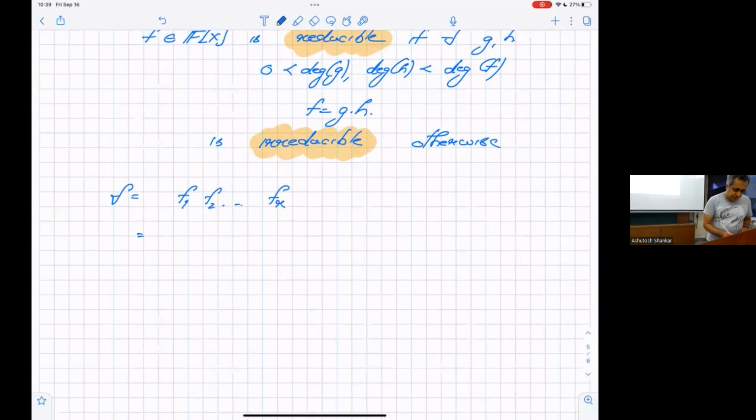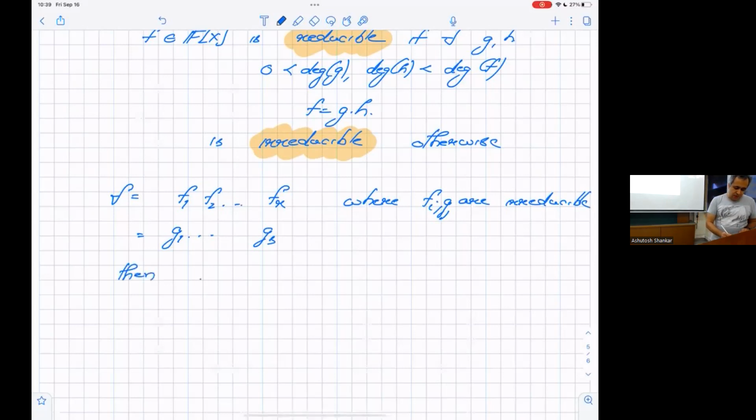Suppose we manage to get g1, g2, ..., gs, where the fi's and gj's are all irreducible. Then the claim is that r equals s.